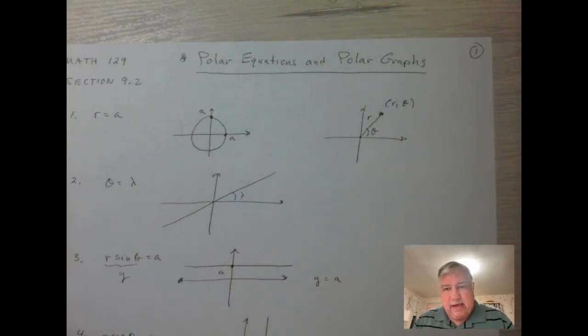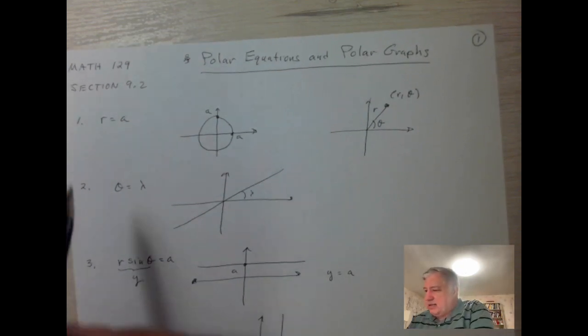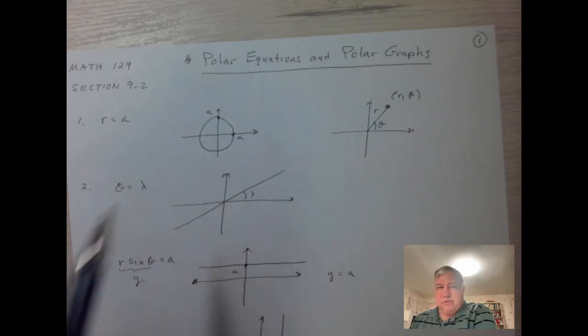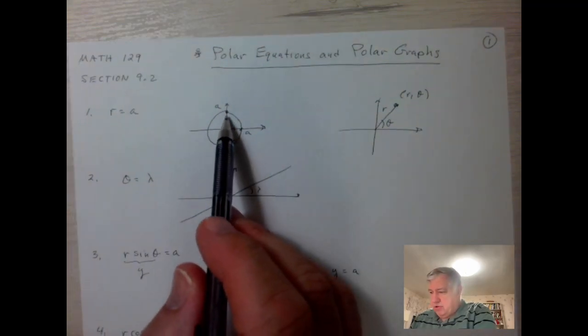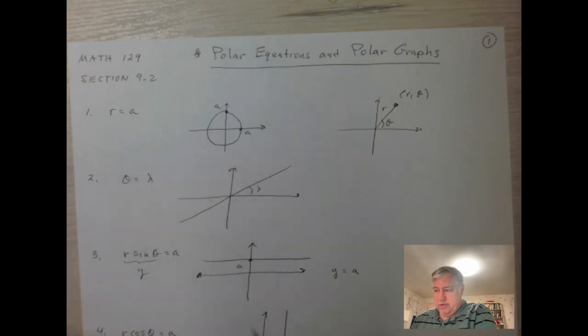Now, of course, theta and r are not necessarily unique, but this is one representation of this point using polar coordinates. And if r is always a constant, let's say some positive number a, then this is really just nothing but a circle centered at the origin, because we're just talking about all the points whose distance from the origin is equal to a.